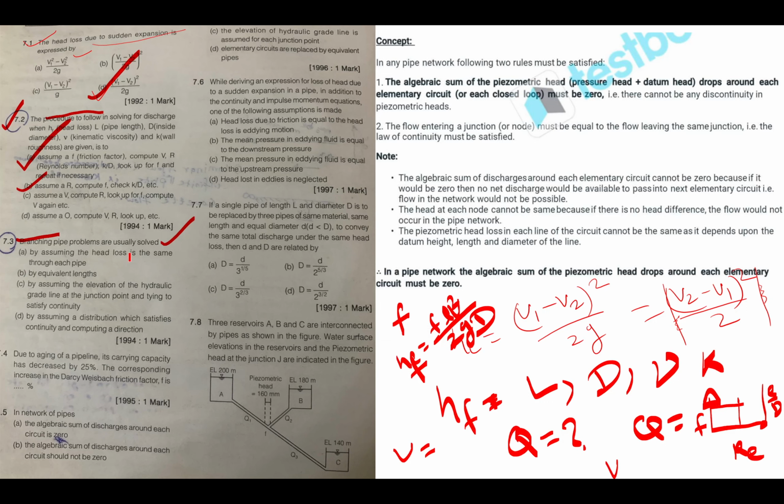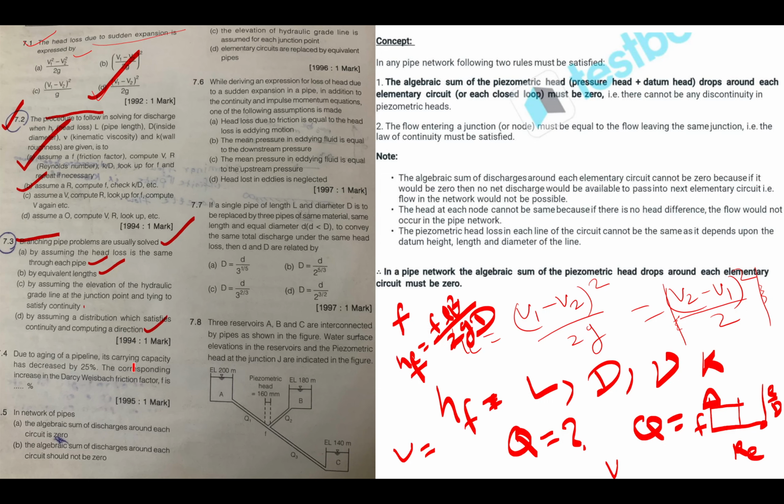By assuming the head loss is the same throughout each pipe, by equivalent length, by assuming the elevation of the hydraulic gradient line at the junction point and trying to satisfy the continuity, or by assuming a distribution which satisfies the continuity and computing direction.